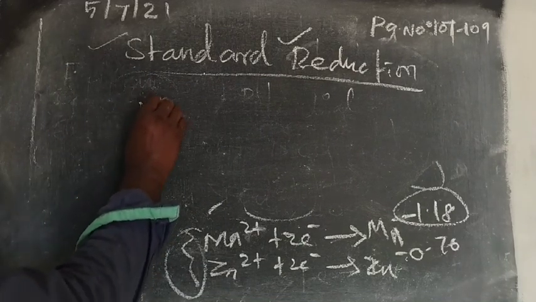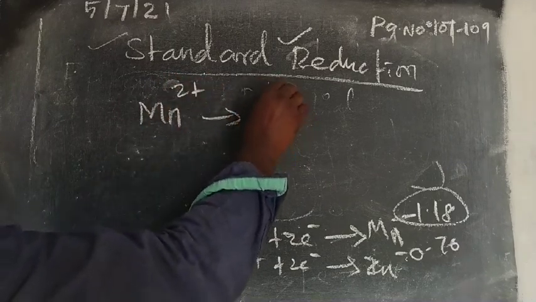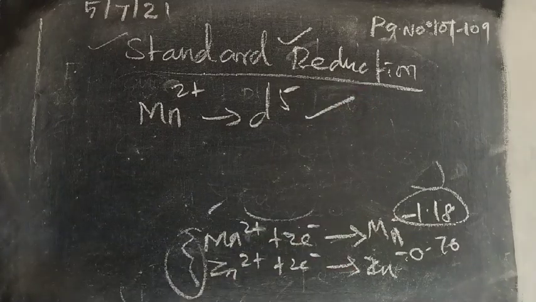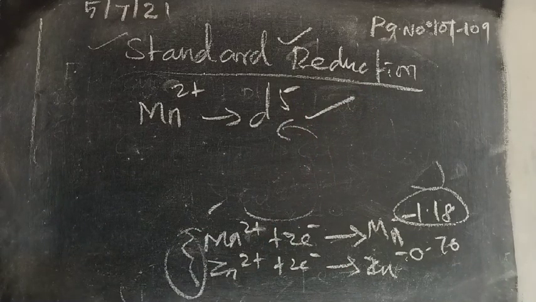We know Mn2+ has the stable 3d5 electronic configuration. If you add two more electrons, it is not easily accepted, that's why it does not follow the regular trend of reduction potential values.